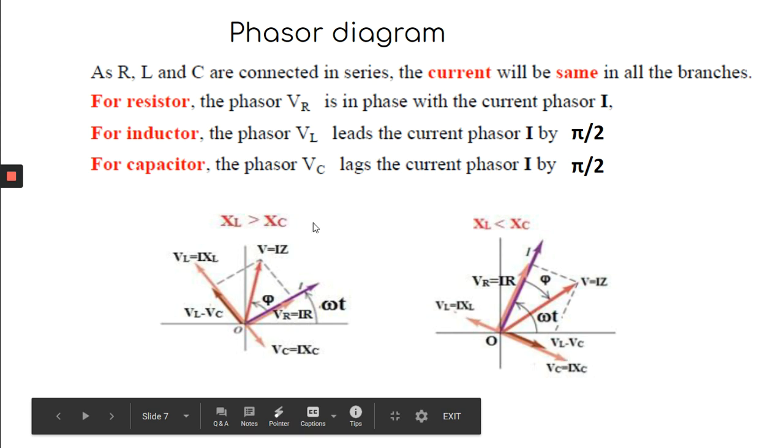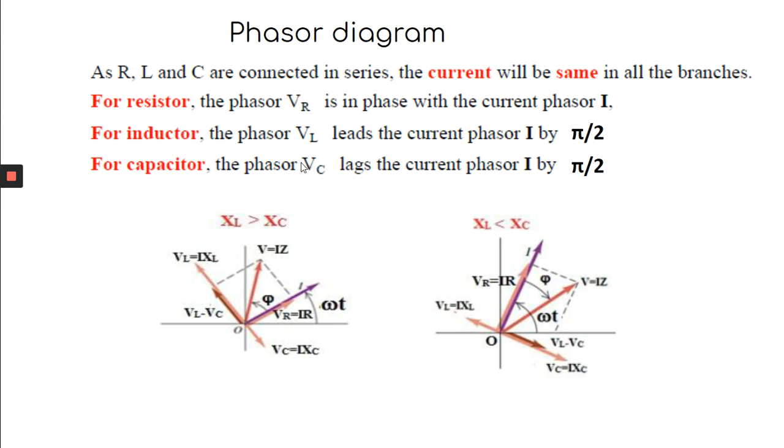So here, three voltages are there. One is the voltage across the resistor, another is the voltage across the inductor, and the next is the voltage across the capacitor. And already we have discussed that the voltage across the resistor is in phase with the current phasor.